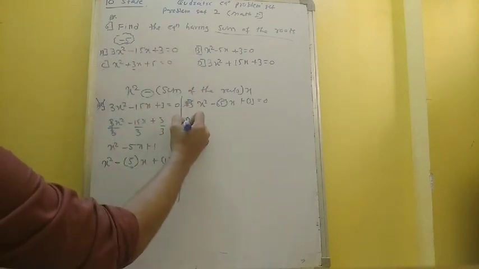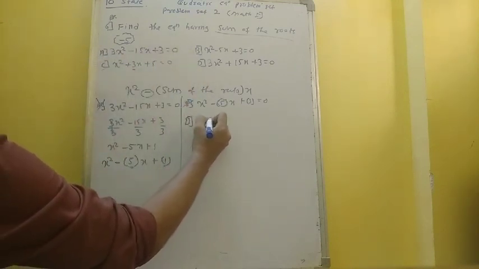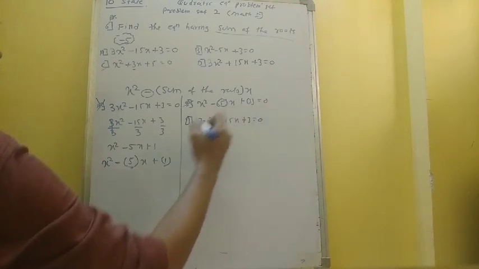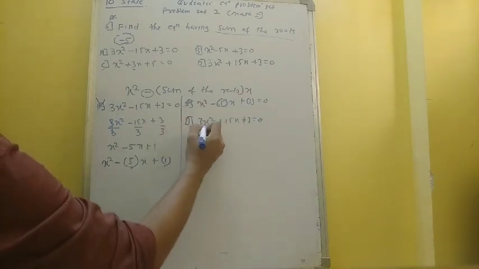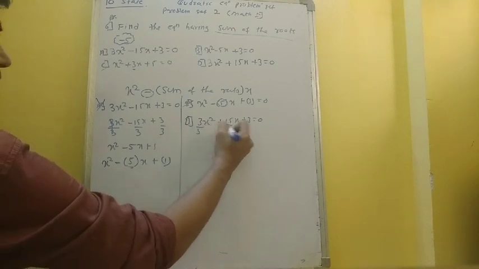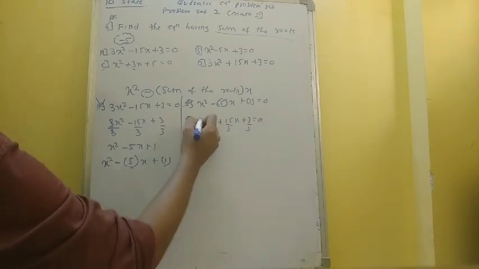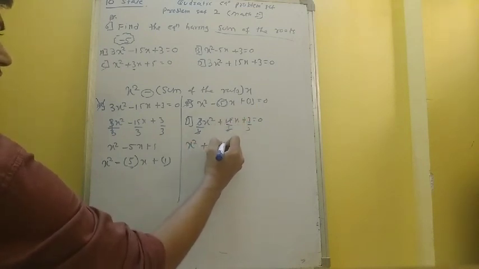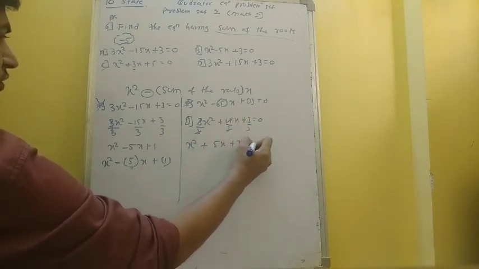Now D. Very interesting one. 3x square plus 15x plus 3 is equal to 0. Dividing by 3, this gets cancelled. We have x square plus 3 5s are 15, plus 3 is equal to 0.